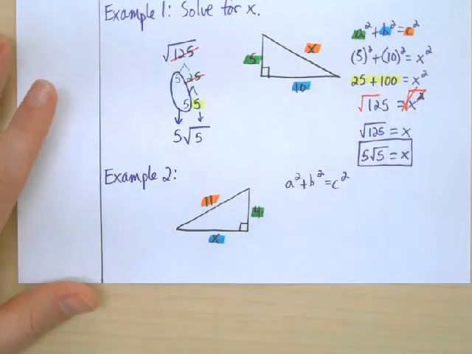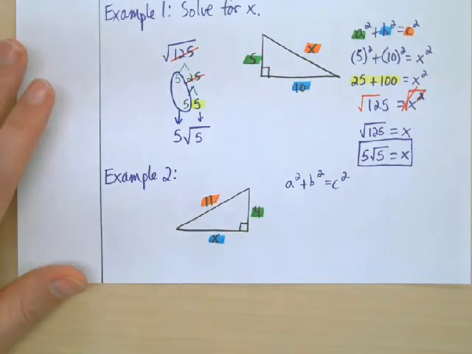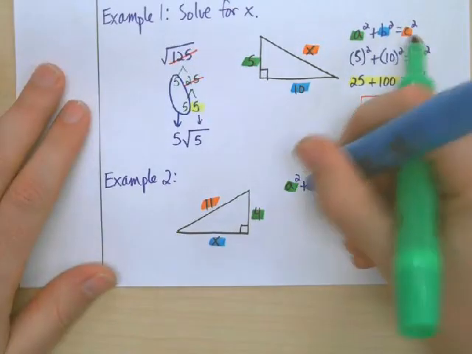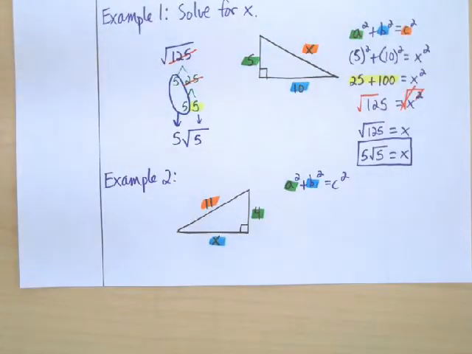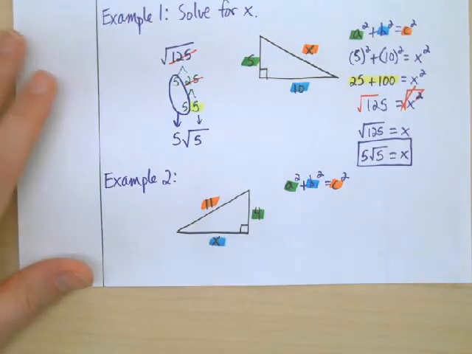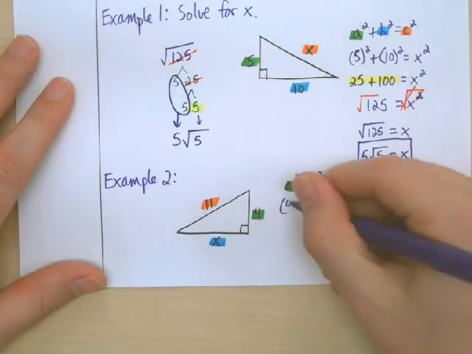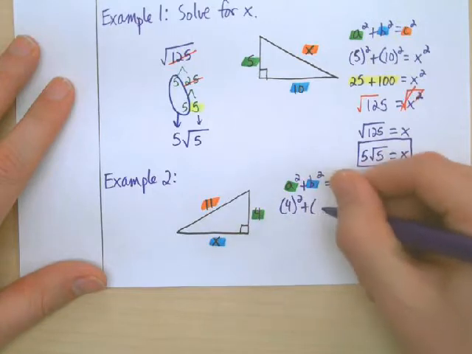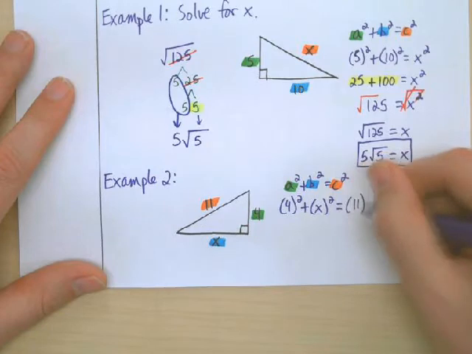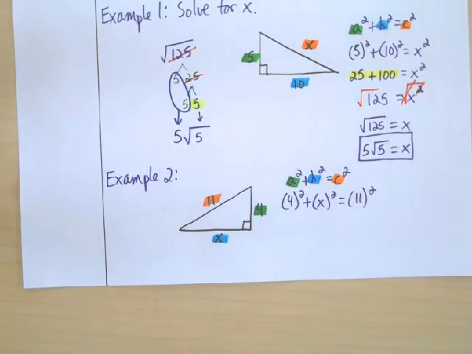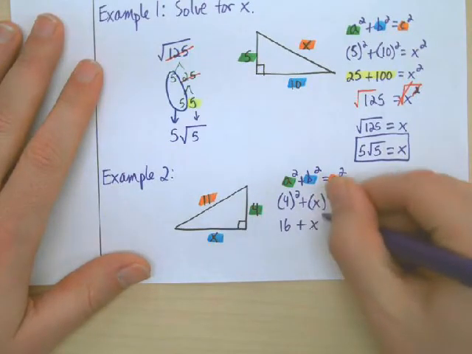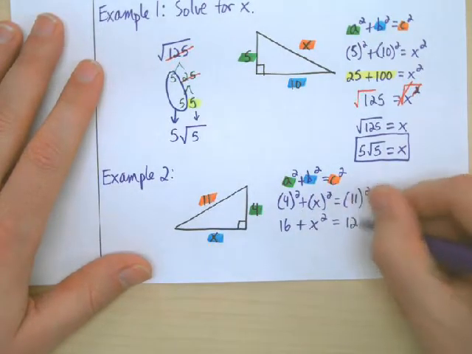There's the Pythagorean theorem. And now I substitute. A is 4, B is x, and C is 11. 4 squared is really 16. 11 squared is really 121.